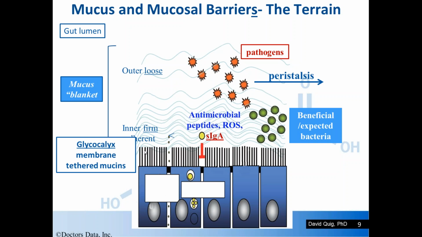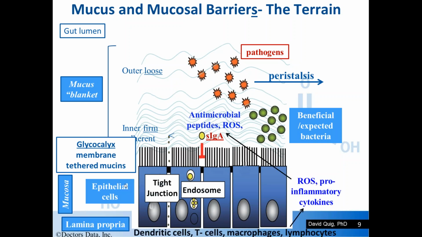So we have this mucus layer as the first component of the intestinal barrier, and then we have a very, very important glycocalyx, which includes membrane-tethered mucins that line the surface of the endothelial cells. Then we have the classic mucosal barrier that is composed of the epithelial cells and their tight junctions and endosomes.